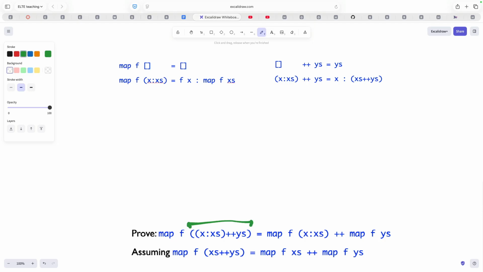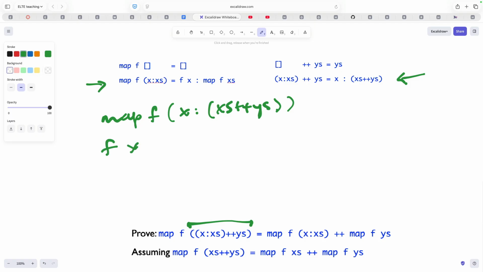Now by the definition here, that is the same as map f on x colon x's plus y's. And by the definition of map f, that's the same as f of x colon map f on x's plus y's. So that's the left-hand side.